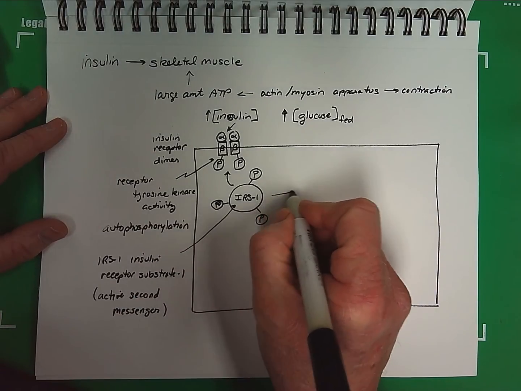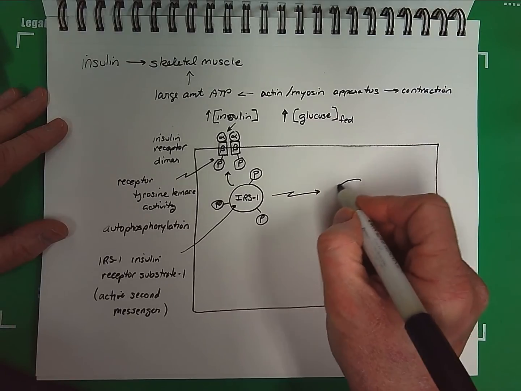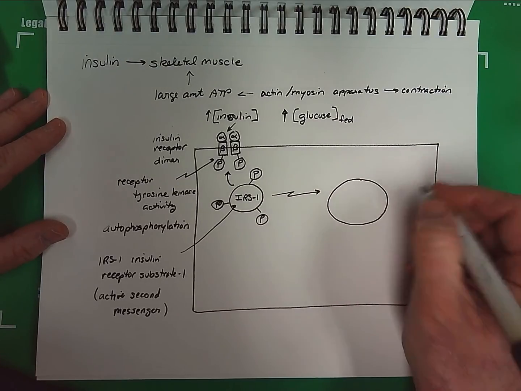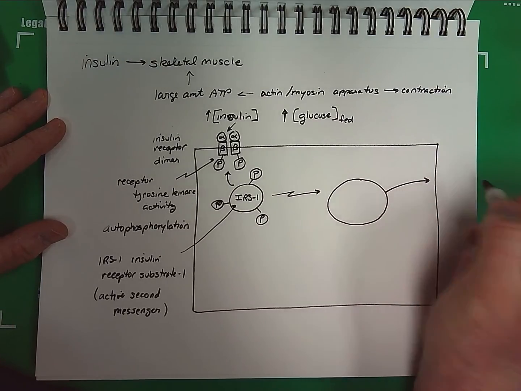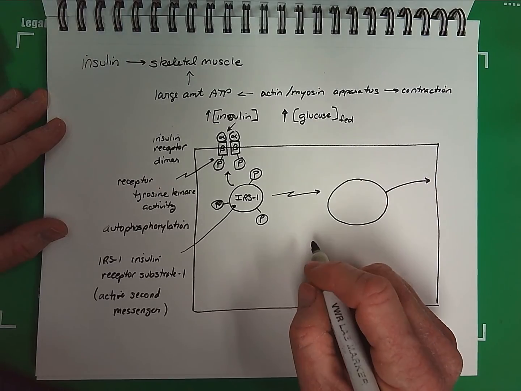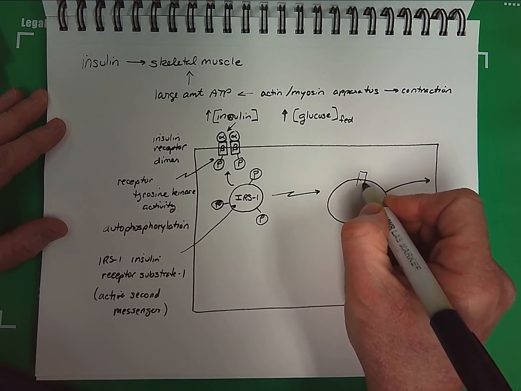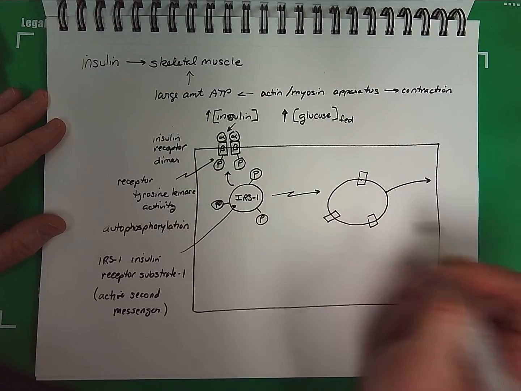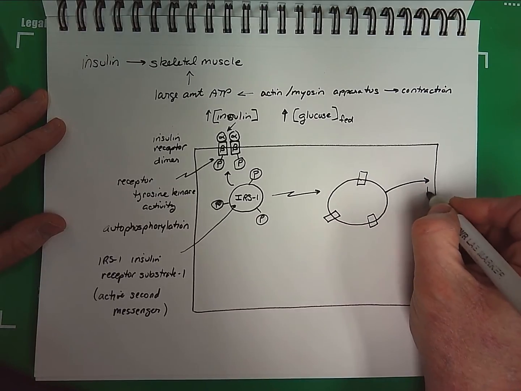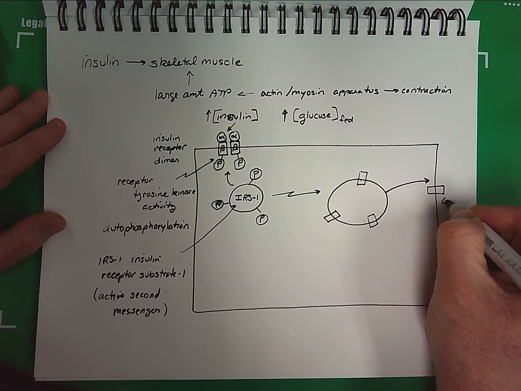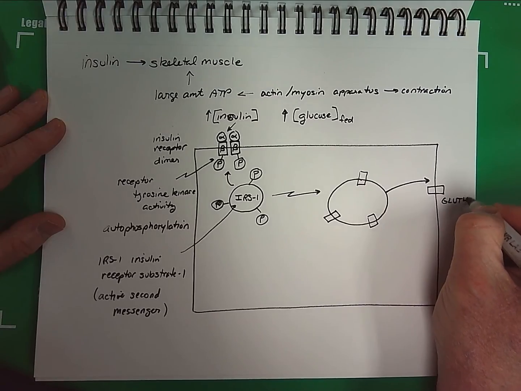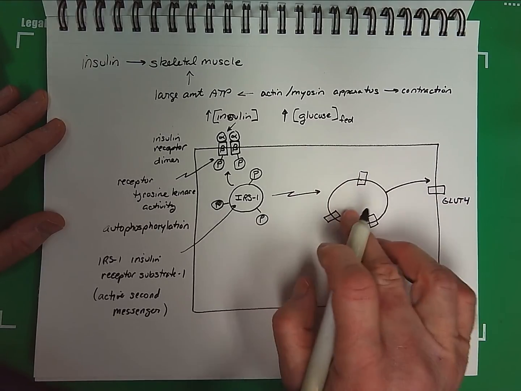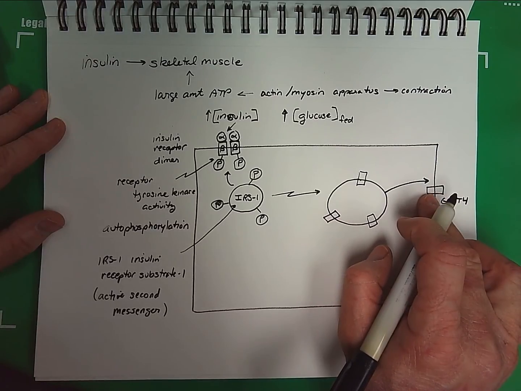And one of the main events of IRS1 signaling is to induce the fusion of a vesicle to the plasma membrane. This vesicle contains a glucose transporter. This glucose transporter, once it is bound, is translocated from these intracellular vesicles to the plasma membrane.